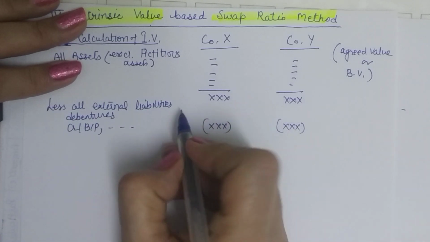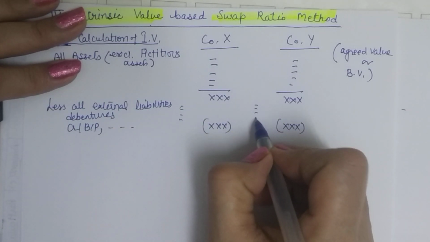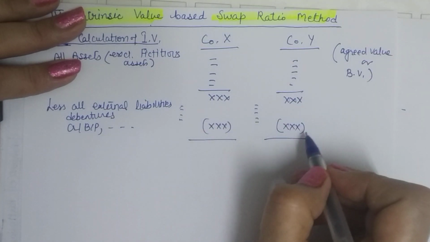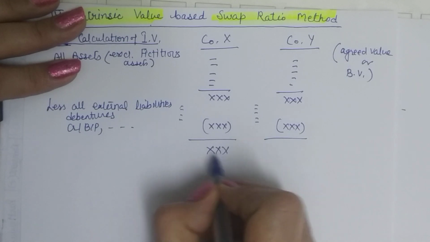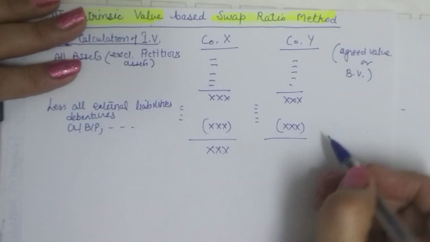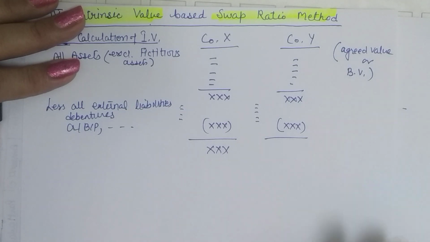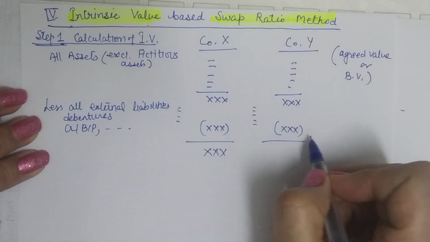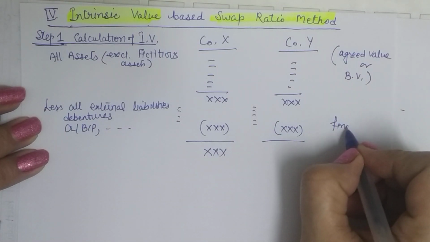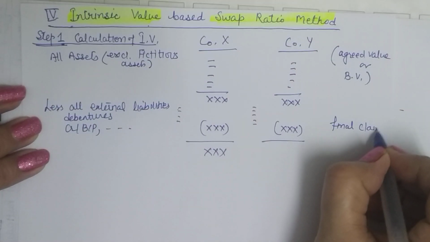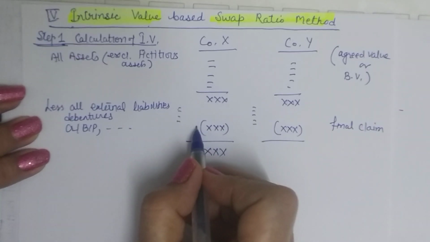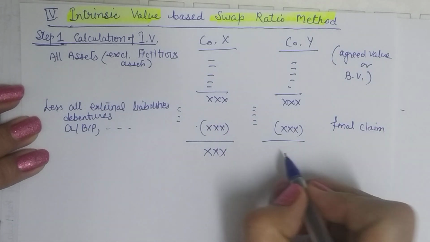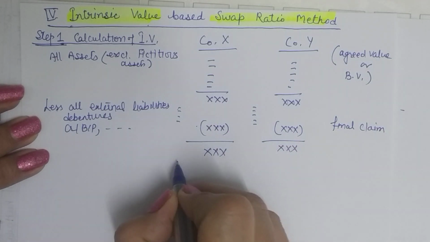Now when we are writing this, we can write the liabilities in the inner column also, and then take up the total, or you can write the liabilities one by one here itself. For the liabilities, the final claim will be written. So if creditors are willing to give you a 5% discount, we will be taking creditors at the reduced value. If the debentures are to be paid at say 10% premium, then that amount will be added here. So we are to take the liabilities at their final claim value. This gives us the net assets.